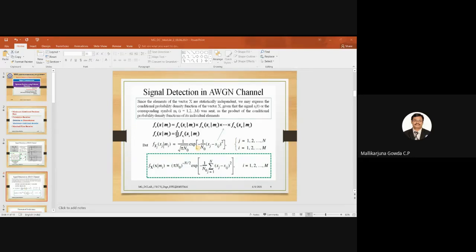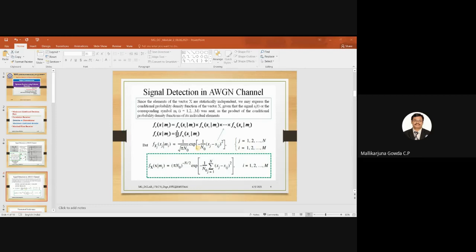So we can express the conditional probability density function of the vector x, if the transmitted signal si of t with the corresponding symbol mi, where i can vary from 1 to M, was sent. It is the product of the conditional probability density functions of its individual elements.